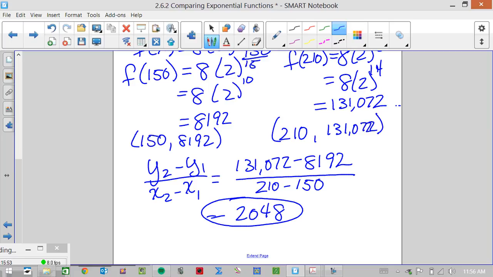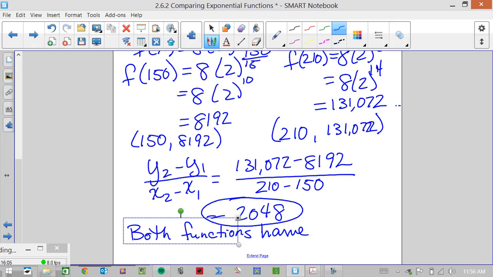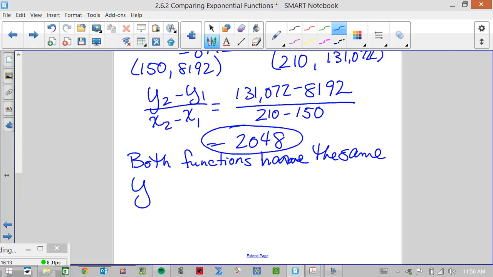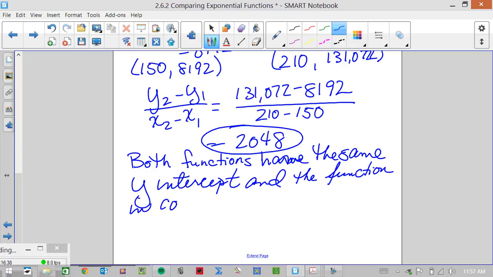So in this case, we would state that both functions have the same y-intercept, and our blue function in this case, which was our function in context, has the greater rate of change.